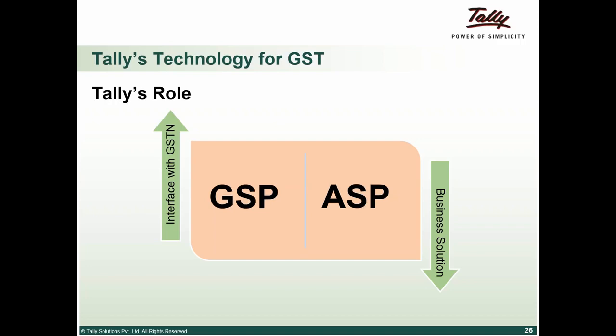You can do wonders by being a GSP and an ASP, and the kind of experience that we can give in the business solution as a Tally product is going to be phenomenal, something we could not even have dreamt of. That's basically the change in technology and the advancement in the interface, communication and connectivity that is going to happen between the GSTN, the GSP and the ASP.